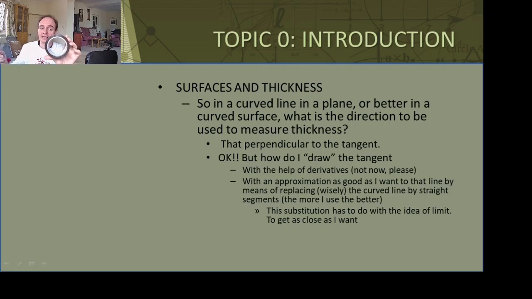Lines, in general, will cut the circle in 2 points, like here, in 0 points, like here, or maybe in just 1 point. This is the tangent, a straight line touching, if you prefer, the given curved line in just 1 point. And that's the definition of tangent for curves in planes.